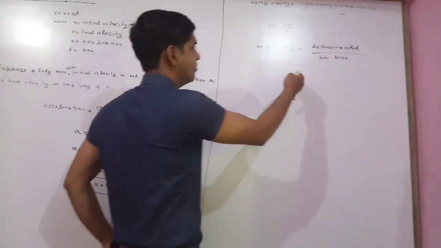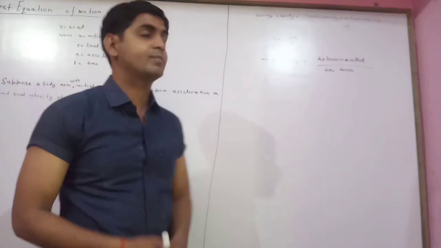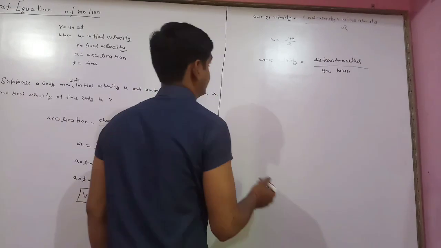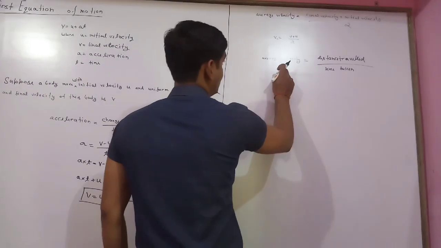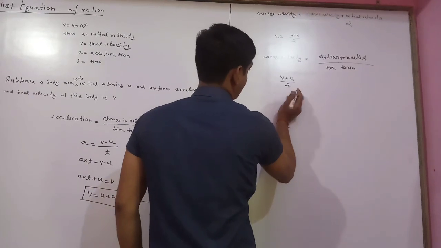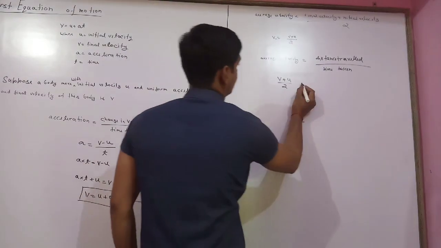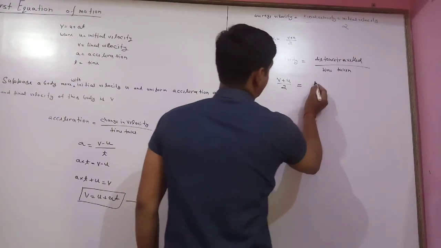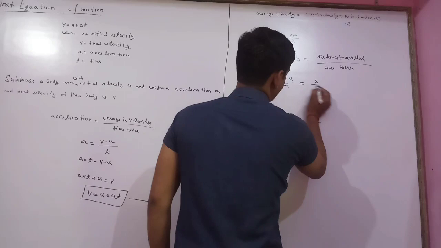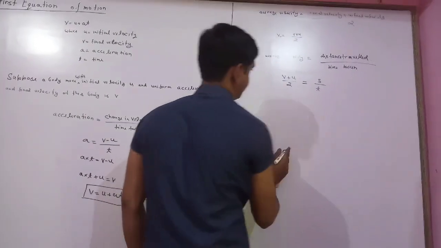This is the simple formula of velocity: velocity is equal to distance upon time. So putting the value of average velocity, v plus u upon 2 is equal to distance upon time. Distance traveled is denoted by s and time taken is t.